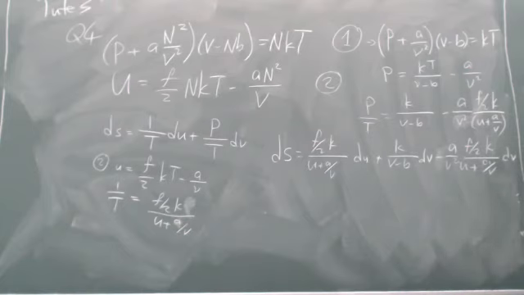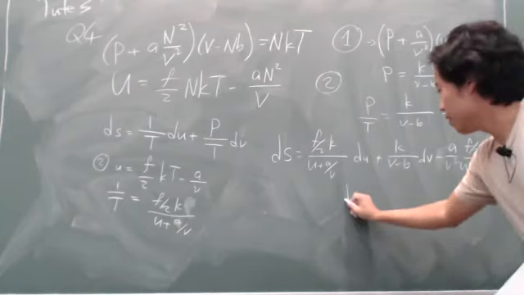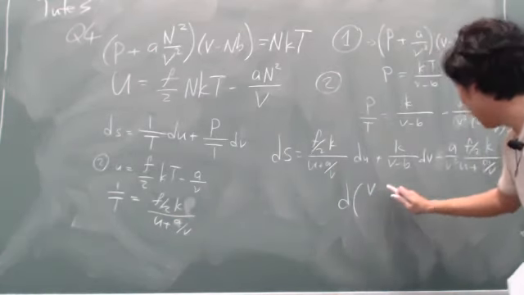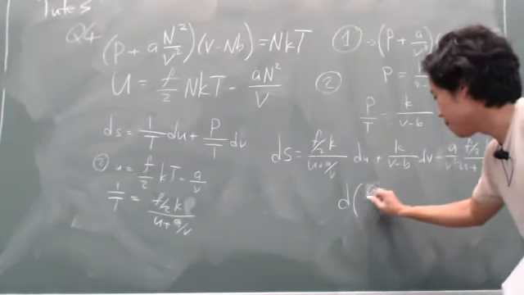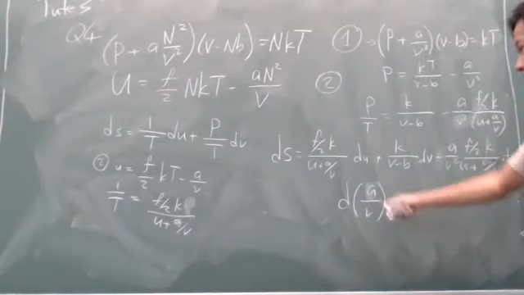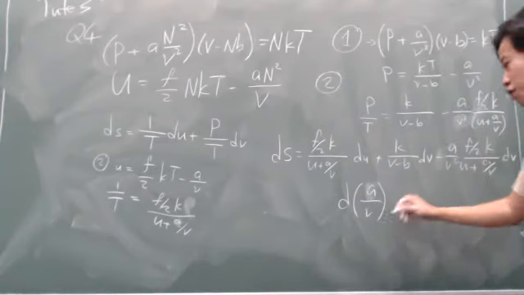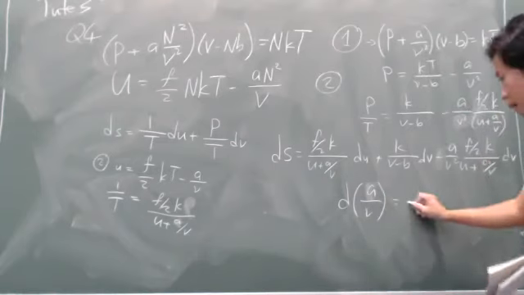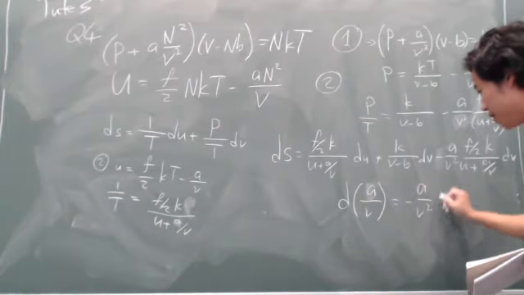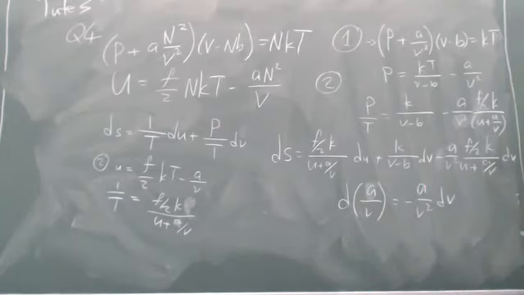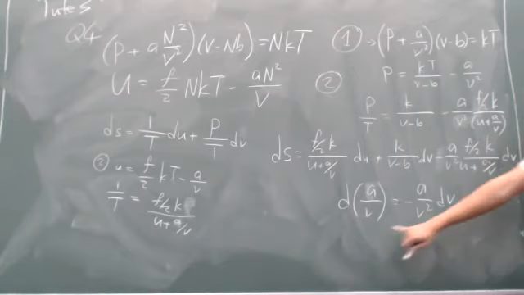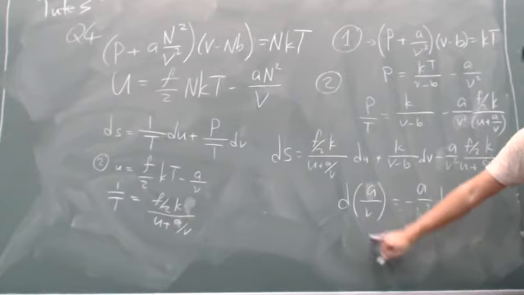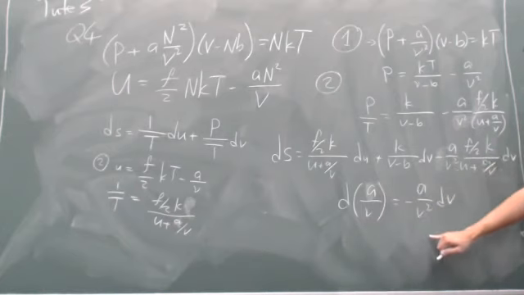But think about if we have the differential of A divided by V, and A is a constant, so we just differentiate V. So we actually get minus A on V squared dV. So I can substitute this A on V squared dV for just the differential of A divided by V, inside the differential bracket instead. We're going to do that here to simplify this second term.